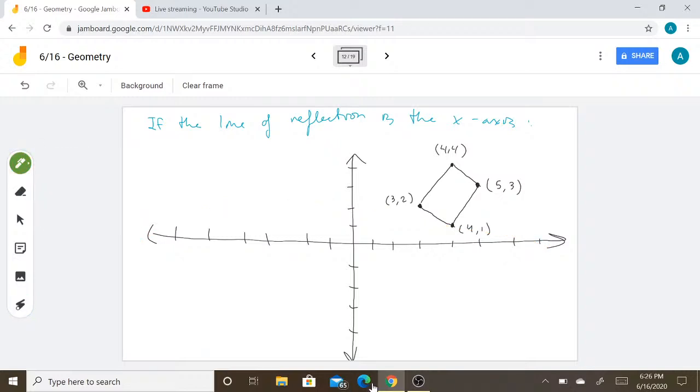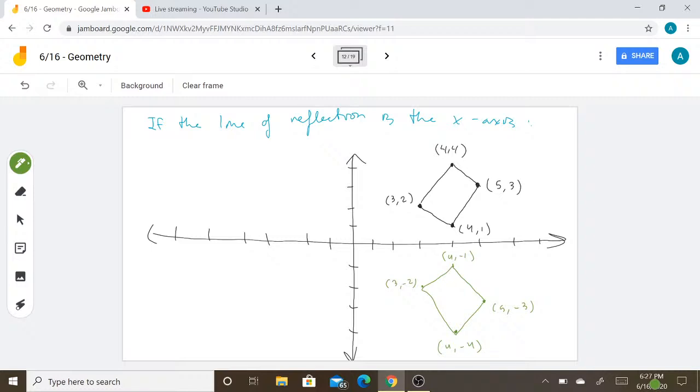So if we take 4, 4 and reflect it over this x-axis, we would see that it becomes 4, -4. 5, 3 would become 5, -3. 4, 1, this point, 4, 1 would become 4, -1. And finally 3, 2 would become 3, -2. And if we connect the points, we see a mirror image of the original figure.